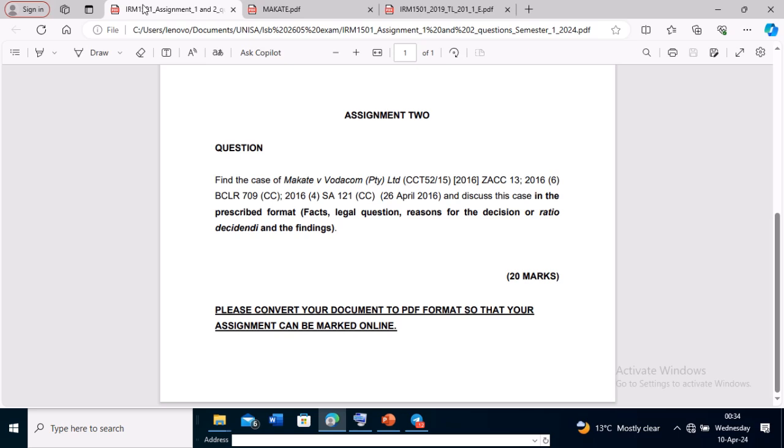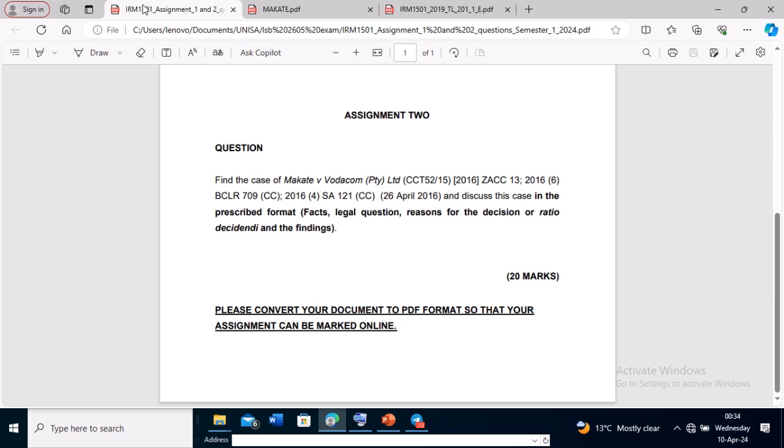If maybe the study guide is not making sense for you, because most of you find the study guide has too much information, the facts are about who has taken who to court, based on what, how they argue, evidence and stuff like that.